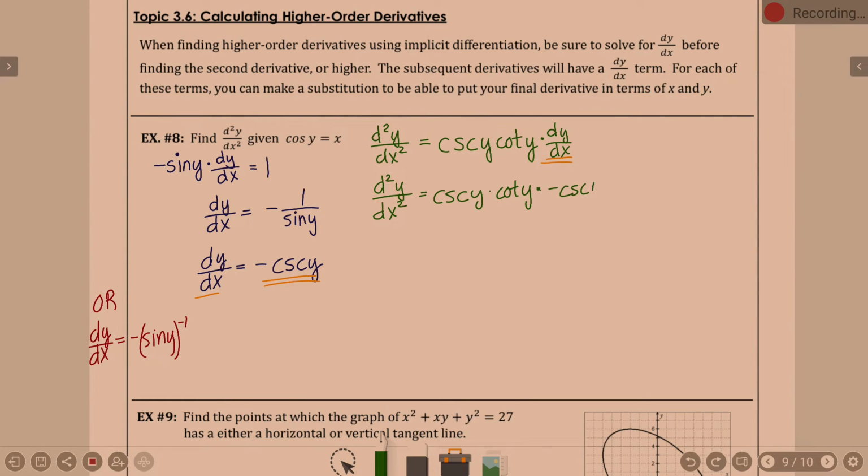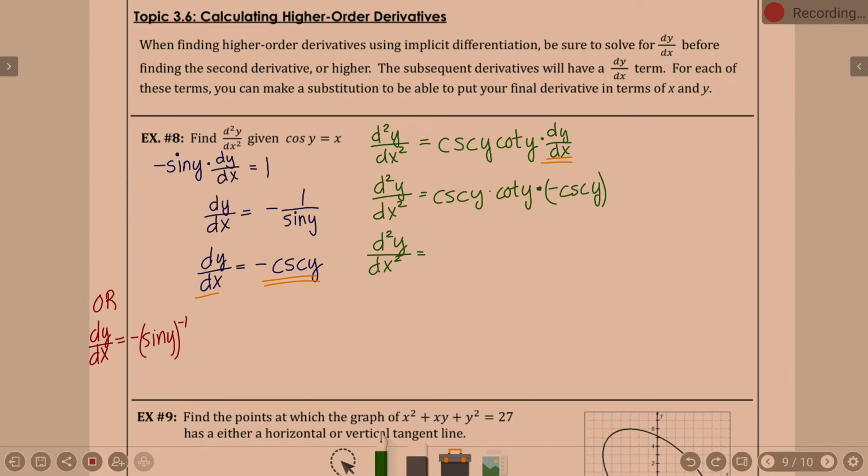Could we put it as negative cosecant y squared then? Yes. Sorry. We have cosecant y, cotangent y, times negative cosecant y. That's basically just three trig functions multiplied together: cosecant times cotangent times cosecant. There's a negative in there.